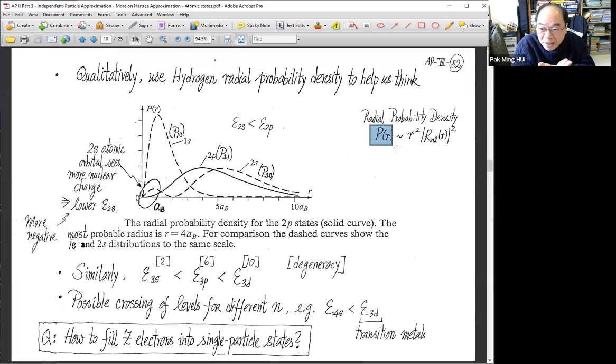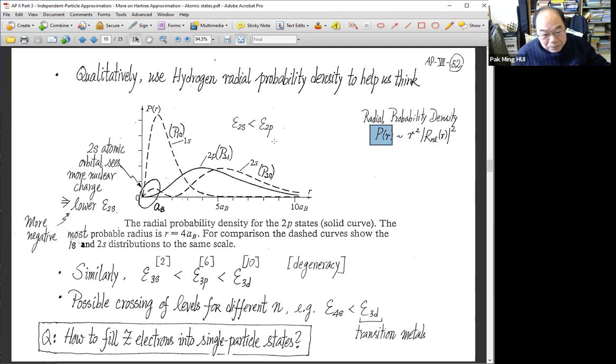Don't worry about angle anymore. You integrate over theta and phi. As you go out from the nucleus, what is the probability of finding the electron in this shell that is a distance r away from the nucleus? That is what this function means.